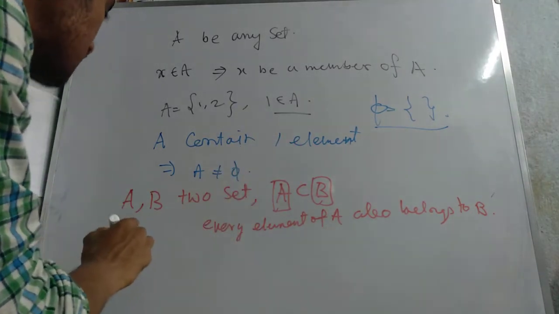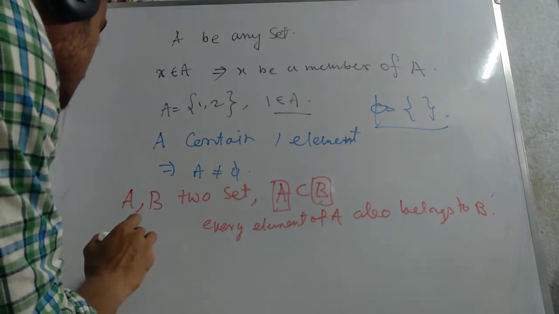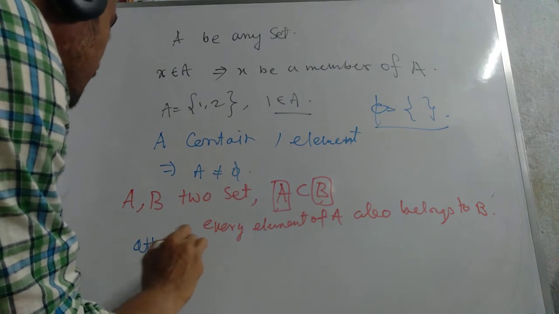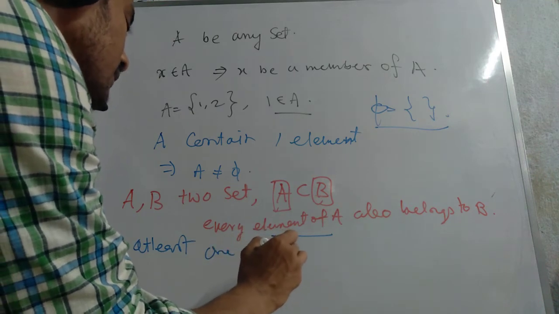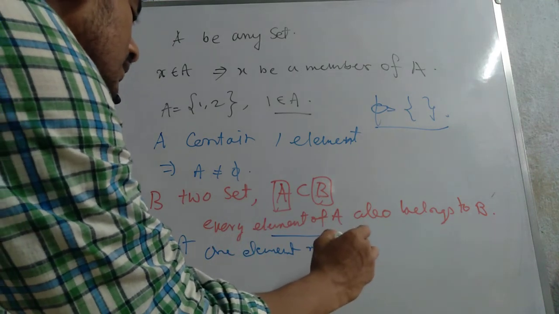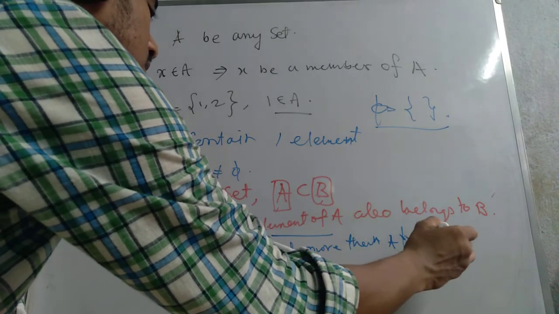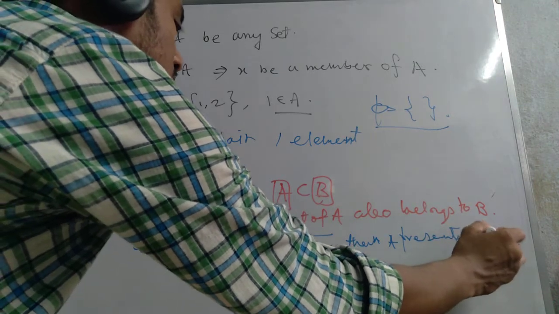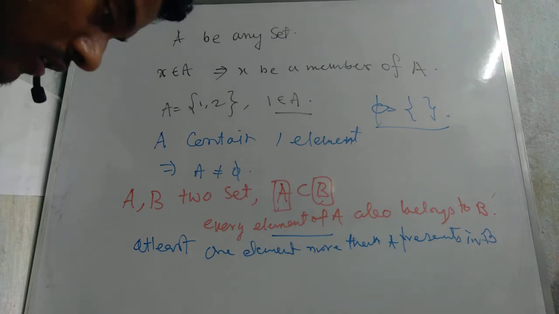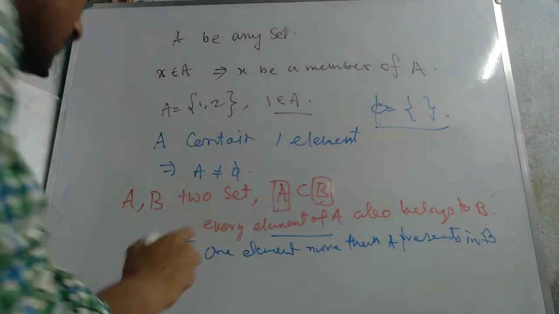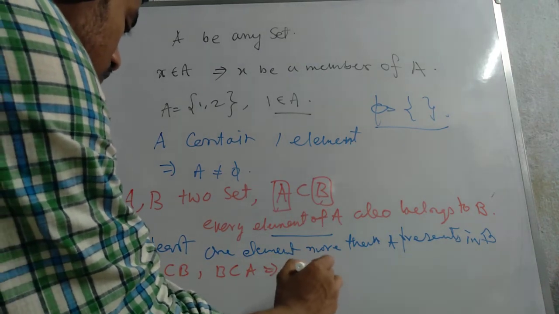A proper subset means A is a subset of B, and at least one element more than A is present in B. Next, if A is a subset of B and B is a subset of A, then this implies A equals B. Two sets are equal.